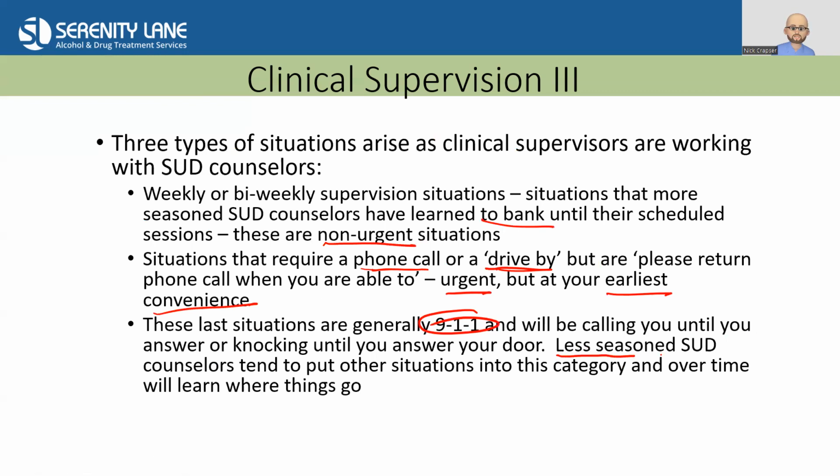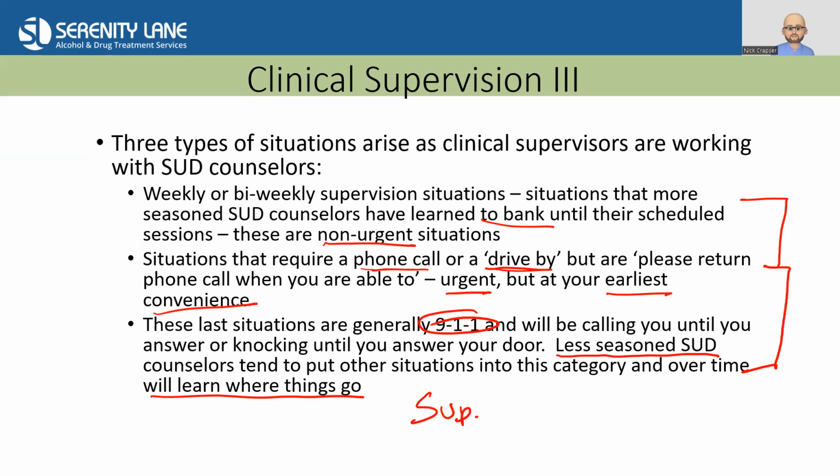Our less seasoned SUD counselors will tend to put all situations into this category, and over time they'll learn where these things go. Our job as supervisors is to help them compartmentalize these things. We tend to tell them or try to show them where these things go: red light, yellow light, green light, or category 1, category 2, category 3, or otherwise. Over the course of time, it will drive us crazy.